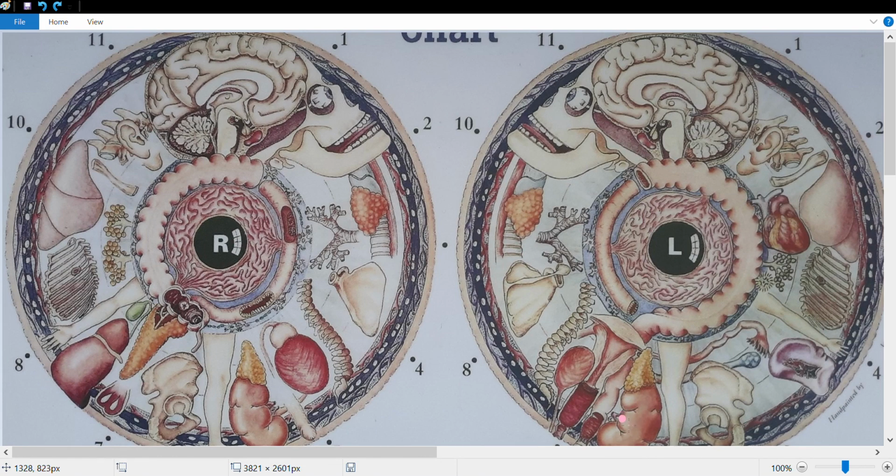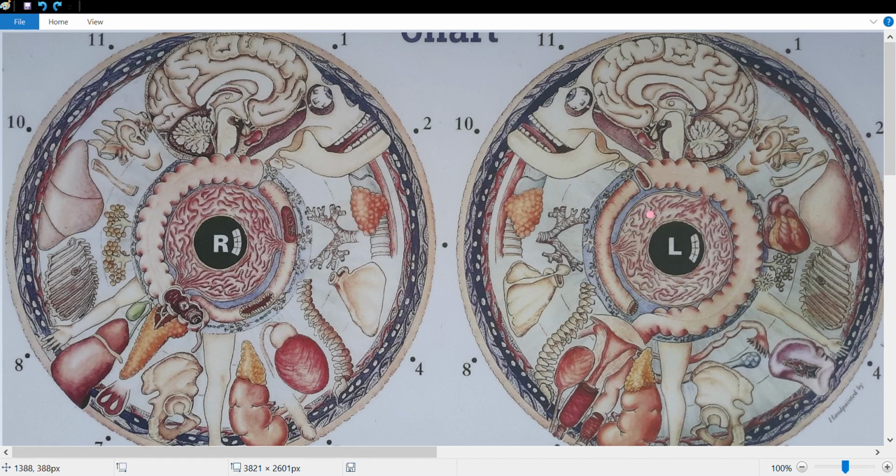Okay, so I like to keep this chart along with my Dr. Jensen chart right on hand when I'm doing readings. I also use my computer software, but I love this chart because it does give you such an excellent visual representation. Let's see what else I can show you guys on this chart. So the stomach is directly surrounding the pupil.